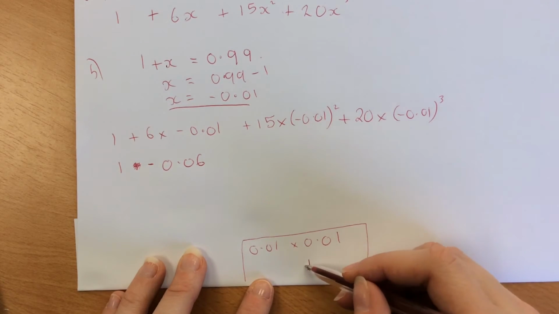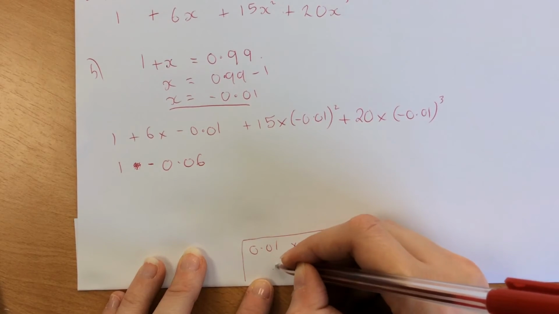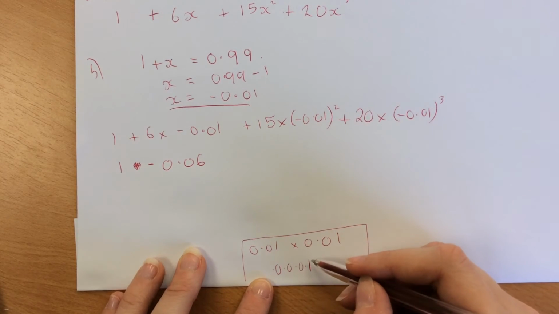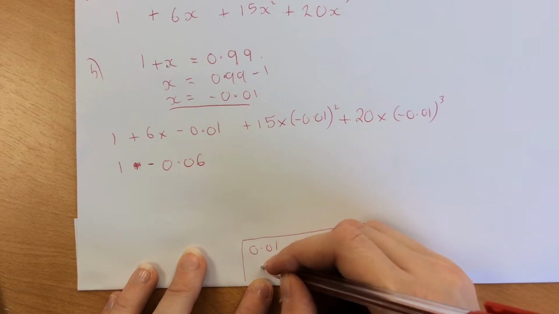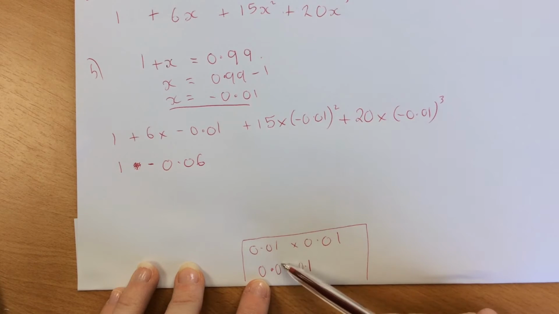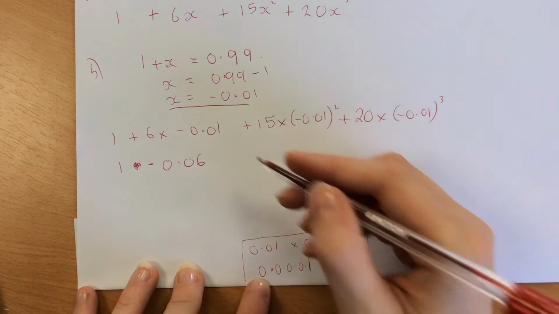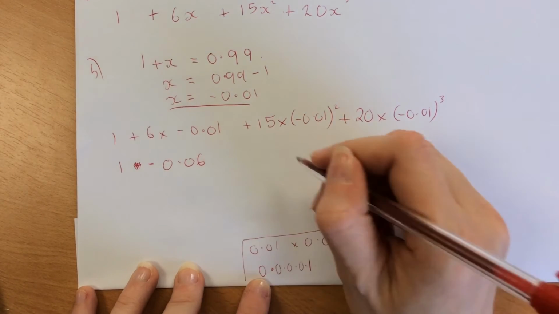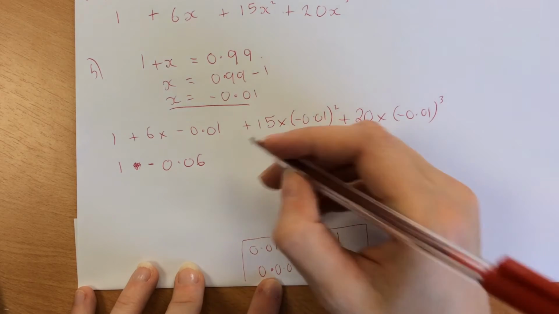Let's just check. 1, 2, 3, 4. And then we put our 0 at the start there. So we're going to end up multiplying this by 15 as well.